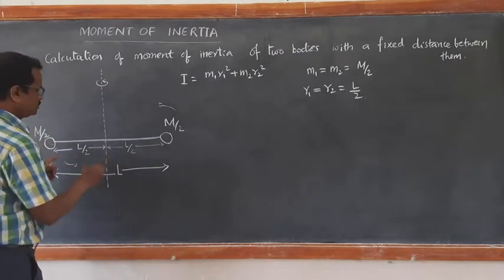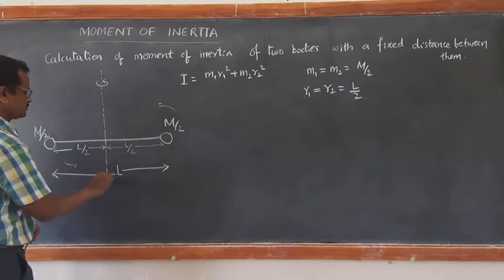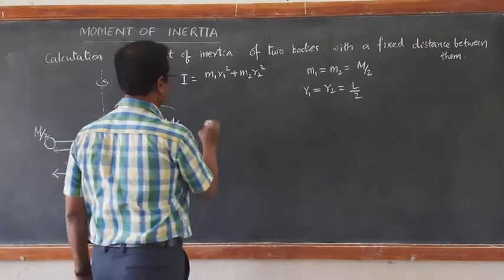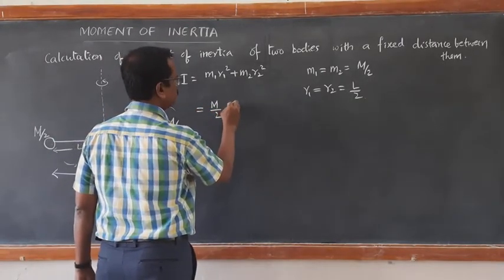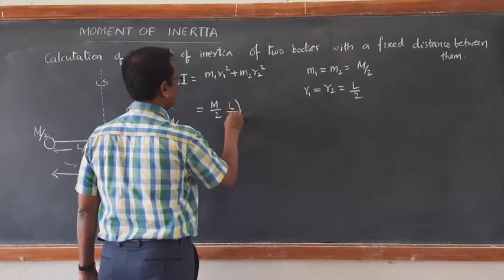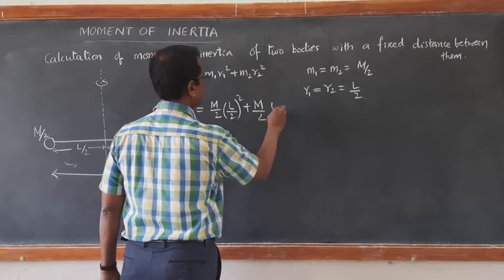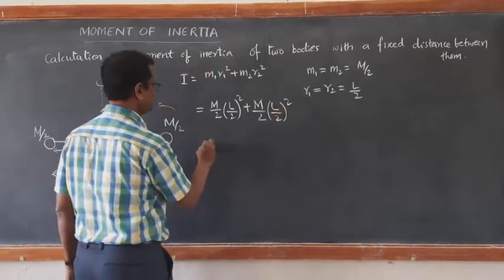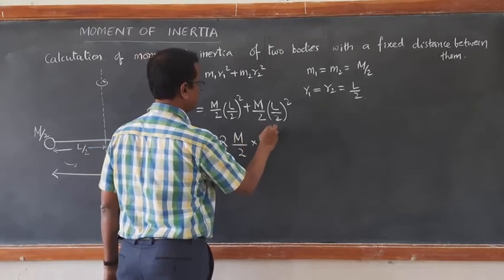Therefore, from the axis of rotation, from the center, they are at equal distances, L by 2. Substituting this, we get m by 2 into (L by 2) square plus m by 2 into (L by 2) square. So 2 times m by 2 into L square by 4.